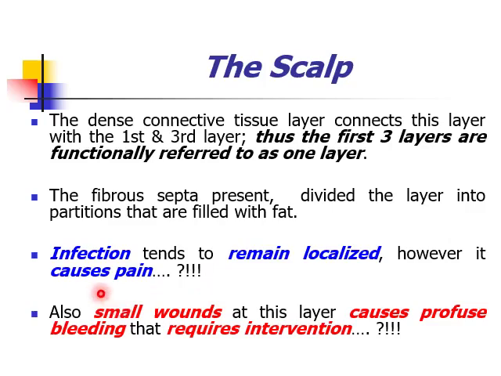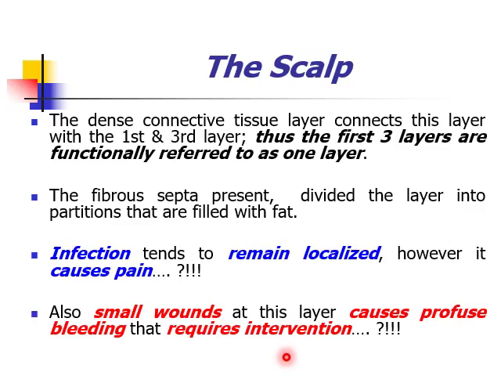Another thing, also small wounds at this layer cause profuse bleeding that requires intervention. Why? Because we know that any vascular lesion triggers a reflex vasoconstriction of the vessel.